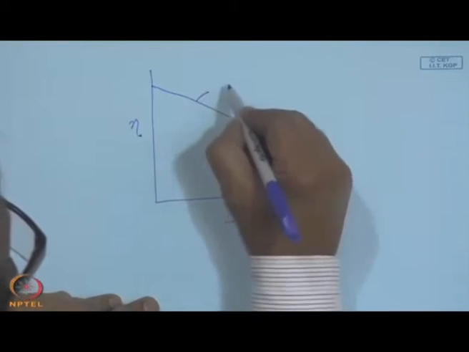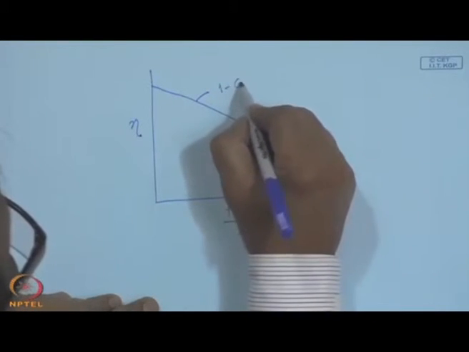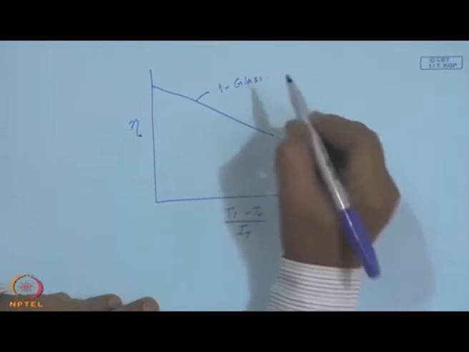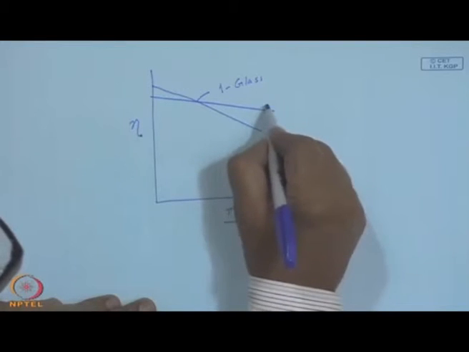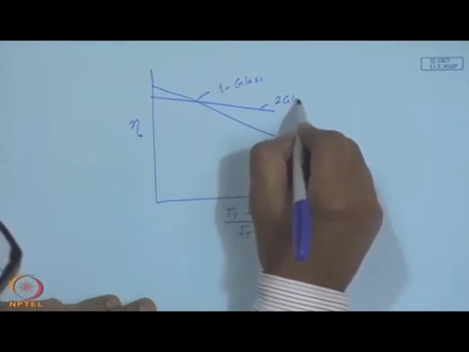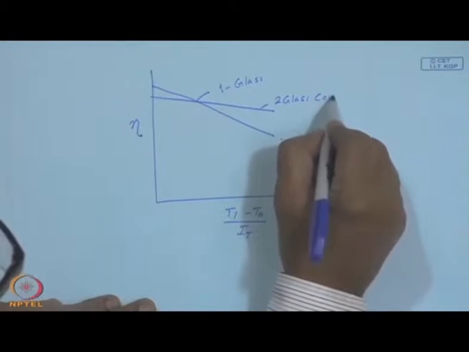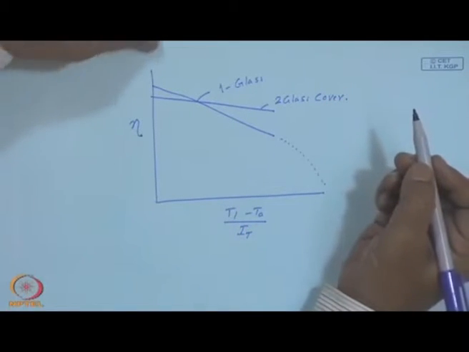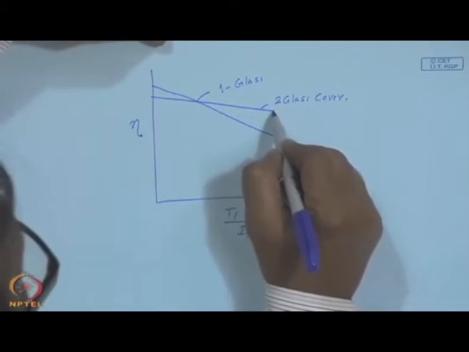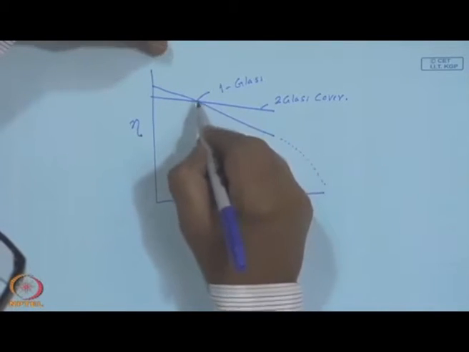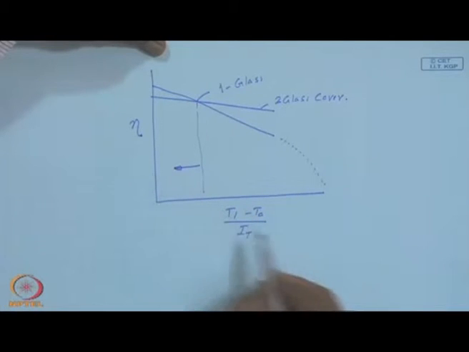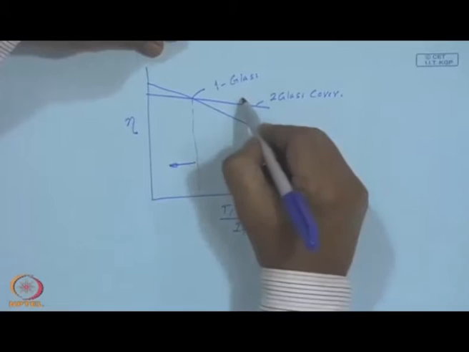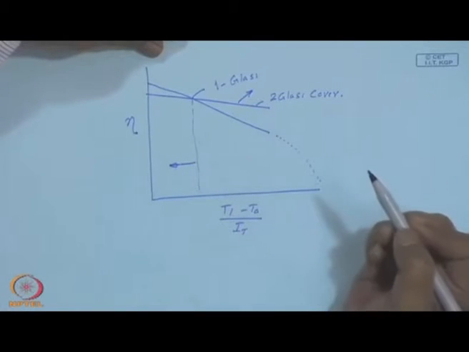And this, if I say it is for one glass, we may have something like this for 2 glass. Note that 2 glass cover efficiency is a bit lower at low values of this delta T upon I_T, and it is higher for higher values.